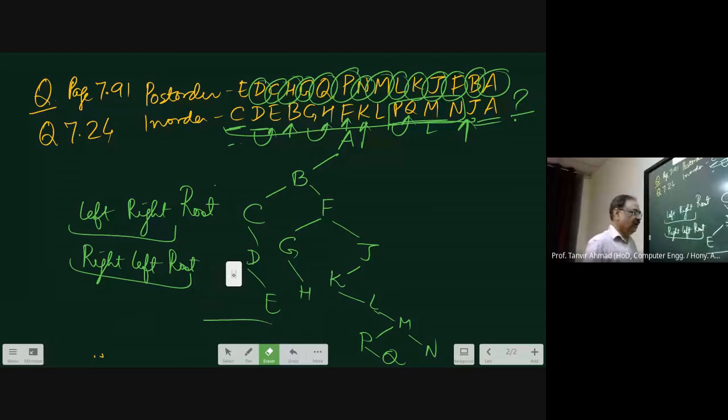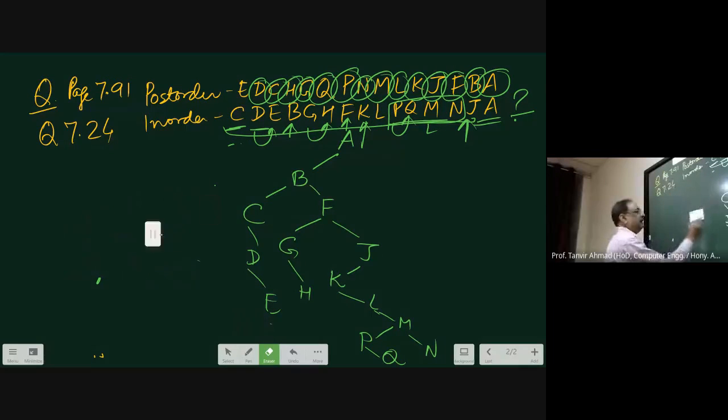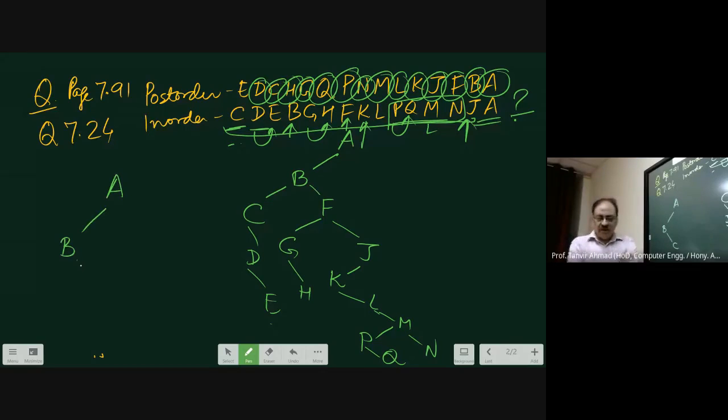To make you understand, I am going to write a simple tree. Now tell me, what is the post order traversal for this tree? This is CBA, correct? Yes.